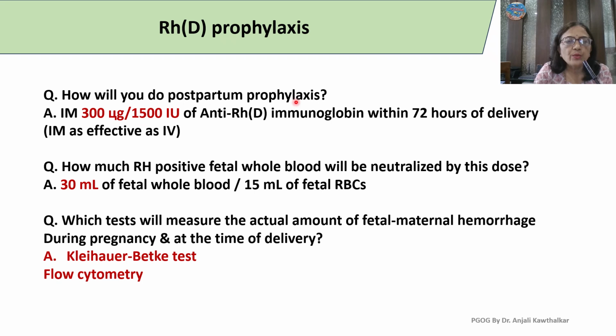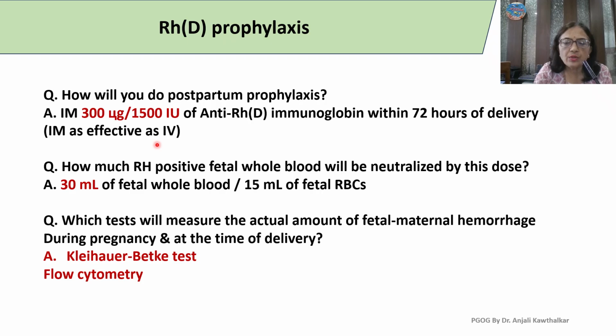How will you do postpartum prophylaxis? For this question, the answer which is expected is the correct dose. Intramuscularly, we can give 300 microgram or 1500 international units of anti-RHD immunoglobulin within 72 hours of delivery at the earliest. Intramuscular is as effective as intravenous, but usually we prefer intramuscular because sometimes we have a fear of anaphylactic reaction with any intravenous administration.